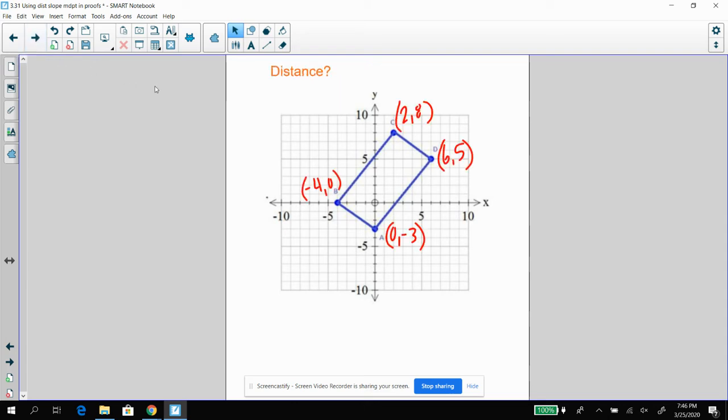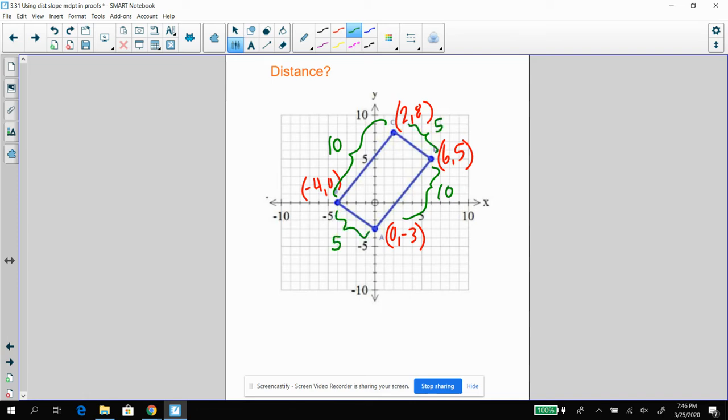So if I asked you to figure out using the distance formula, what could you tell me about this rectangle? Well, something really important is that this side length, if I did the distance formula, winds up being 10. This guy, using the distance formula, is also 10. And these are both 5.